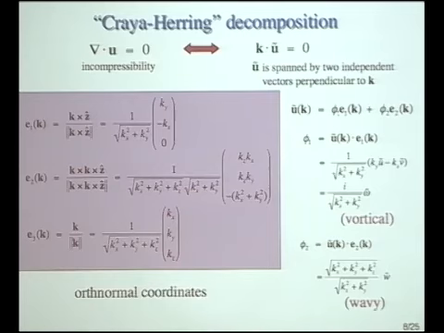If we decompose the Fourier component of velocity using e1 and e2, the coefficient of the e1 component is obtained by taking the dot product of u with this unit vector, which is calculated explicitly to give omega z. Sorry, I forgot to put z.